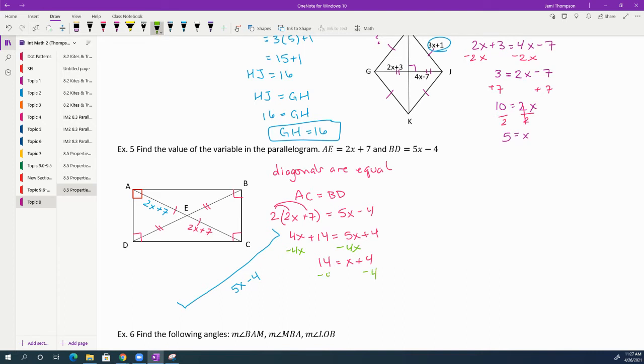And subtract 4 from both sides. Which leaves me with x is equal to 10. I always like writing my variable first. Go back and reassess. Did I answer the question? The question said find the value of the variable. So yes, actually I did. X is equal to 10. Didn't ask me to plug it back in or anything else.